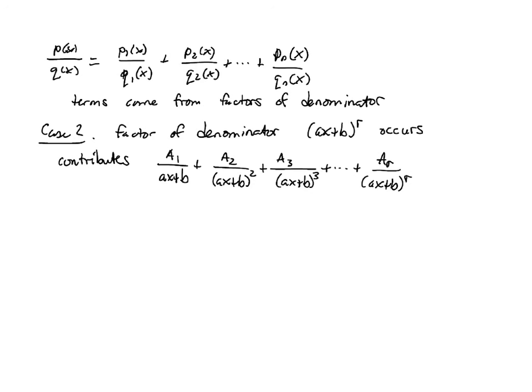And what you should note is that each of these can be integrated separately. For instance, we already know how to integrate the first term. What about something like, say, the third term? Well, the antiderivative of a3 over ax plus b cubed dx. So I would use u equals ax plus b.